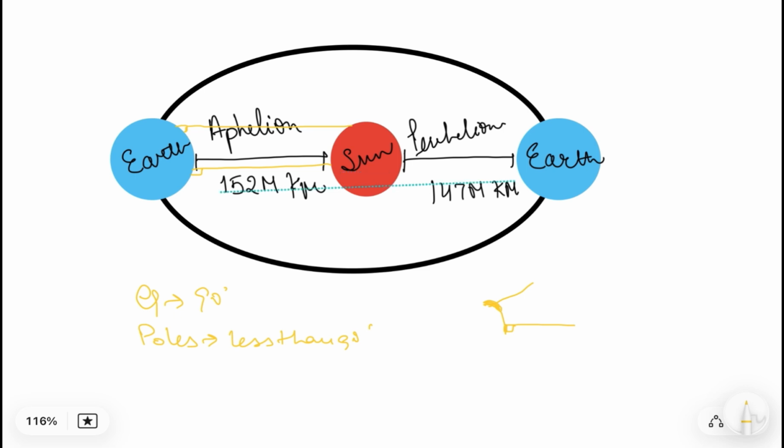So the area covered by slanting rays is more, and at the equator the area covered by the incoming solar radiation is less. The angle of inclination is maximum at the equator, so the area covered is less at the equator and more at the poles. So the thickness at the poles will be high and at the equator will be less.